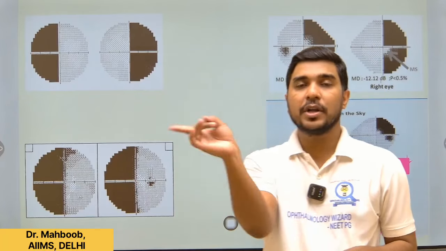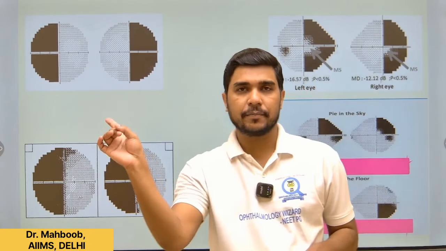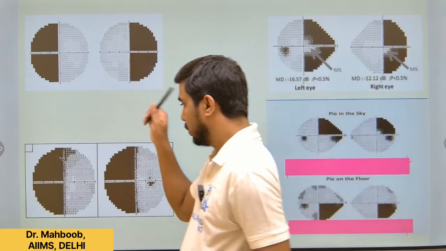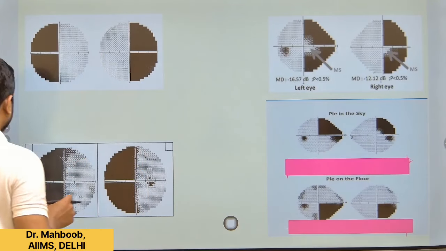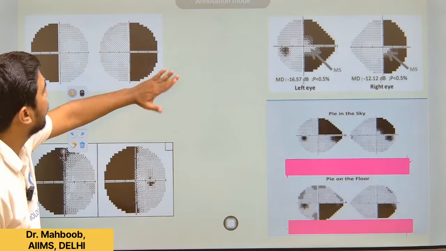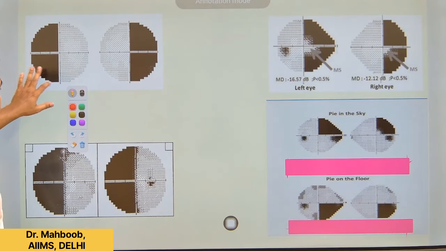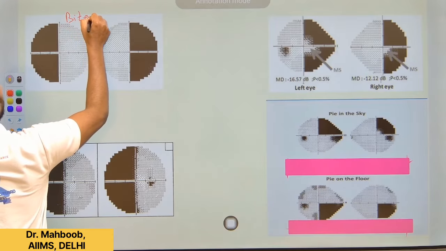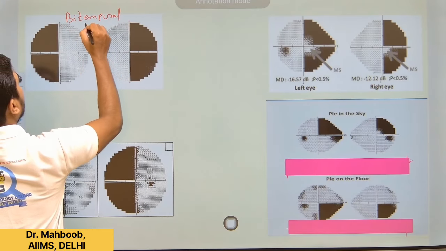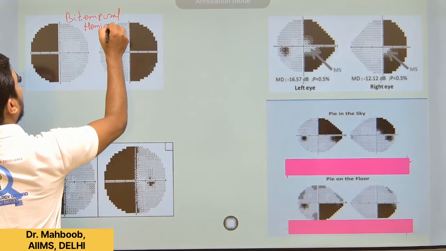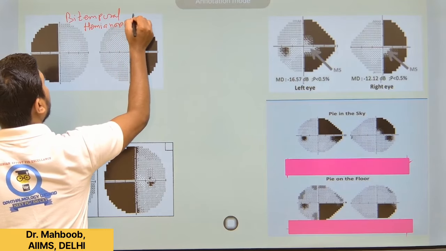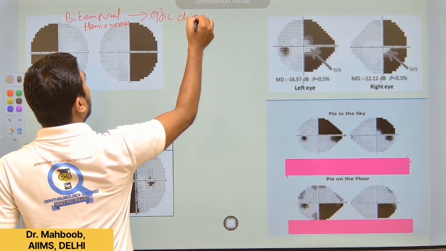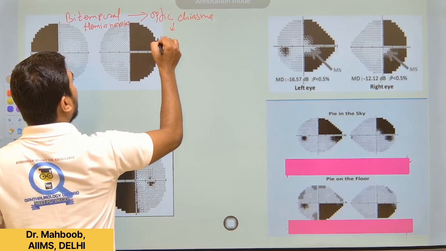I'm not going to discuss the visual pathway in detail, it will confuse you. Just remember one thing. Temporal half, temporal half. That means it's a bitemporal hemianopia, and the lesion will be in the optic chiasma.